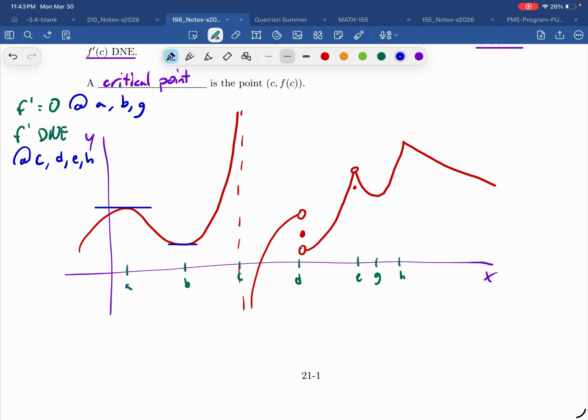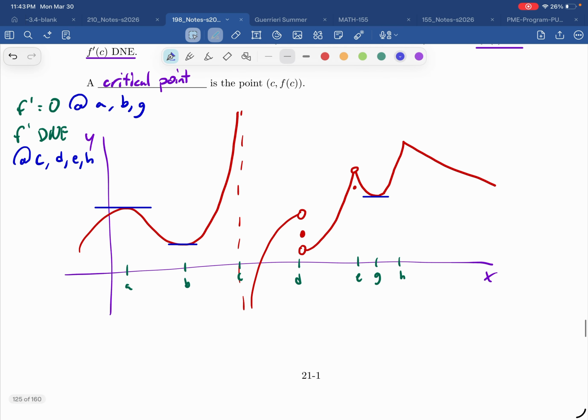Now, Fermat has a theorem that says if f has a local maximum at c and f prime of c exists, then f prime of c equals 0. And sure enough, if we go ahead and look at this example, the times that f prime does exist, and we do have a local min, f prime of c equals 0.